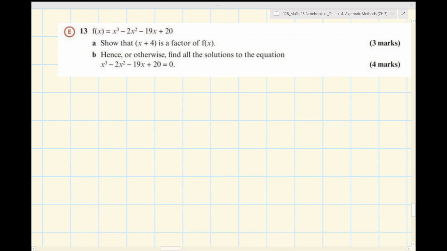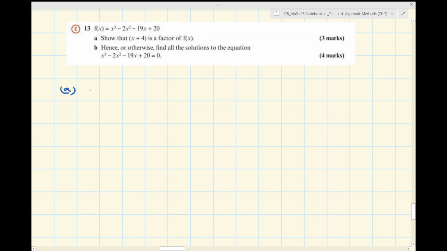Question 13. Right, I need to show that x plus 4 is a factor of this function of x. So I'm going to substitute in x is minus 4 and see if the function gives me a value of 0. So that's going to be minus 4 cubed minus 2 times 16 minus 19 times minus 4 plus 20.